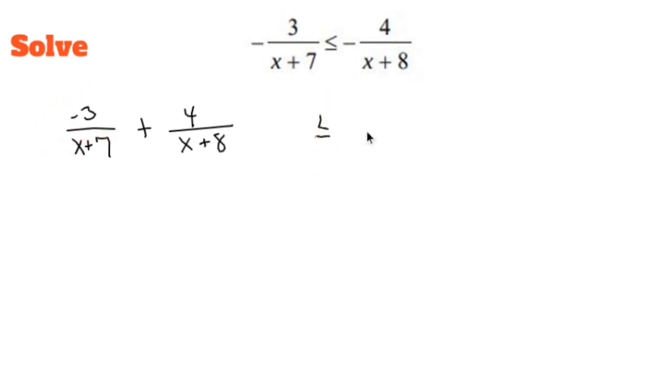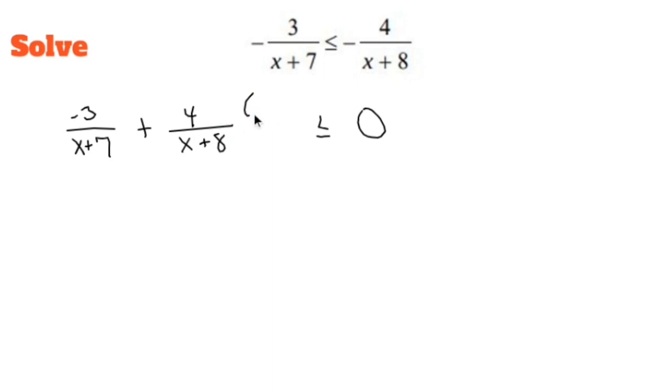Let's scooch that over because my next step is to combine these fractions. Now, when you combine fractions of any kind through addition, you need a greatest common denominator, or maybe a least common denominator. In this case, the least common denominator is going to be x plus 7 times x plus 8.